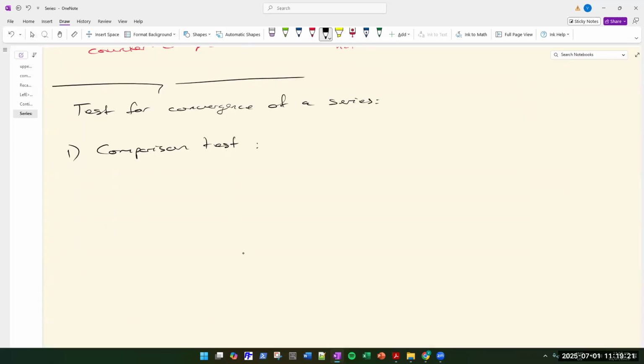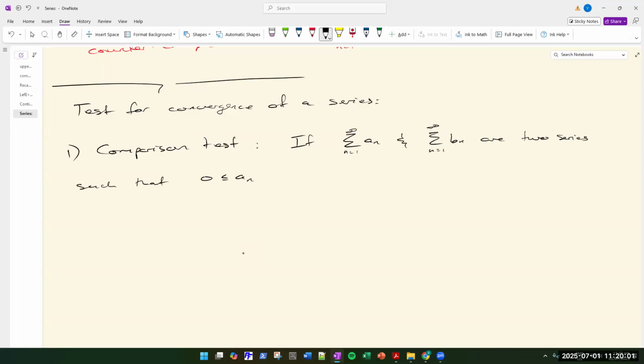The comparison test says that if I have two series, the summation of an where n goes from 1 to infinity, and the summation of bn as n goes from 1 to infinity, such that the a's and the b's must be non-negative, meaning bigger than or equal to 0.